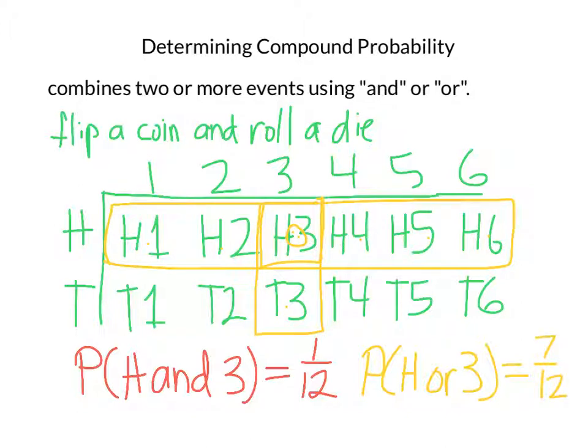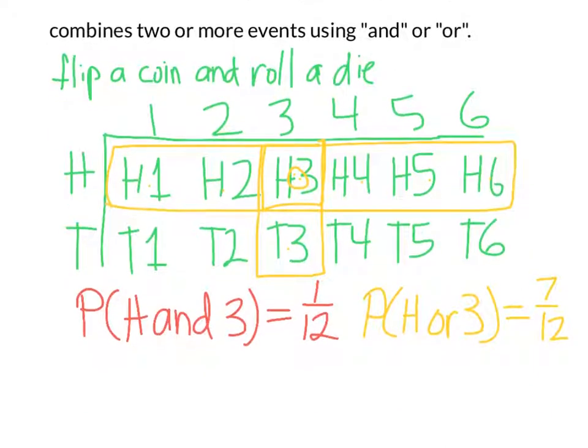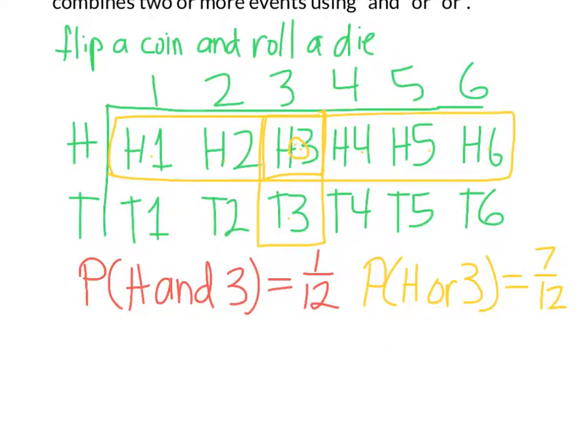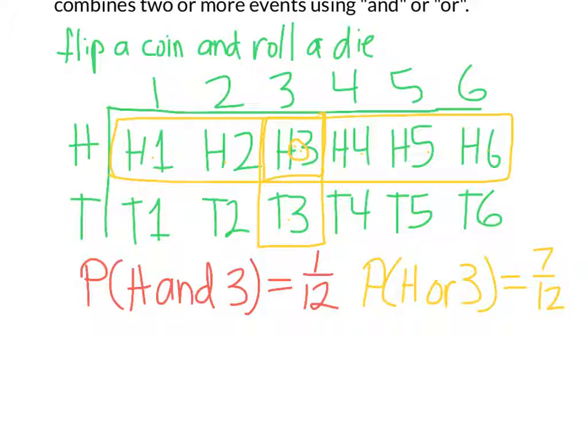Now something else we can do, and this might be helpful at some point, because not all things we can make a list for, is that whenever you are finding compound probability using the word and, you can take the individual probabilities and multiply them, meaning the probability of just getting a heads is 1 in 2. The probability of rolling a 3 is 1 in 6.